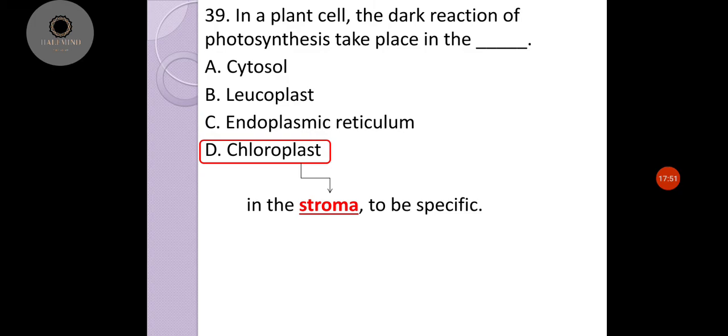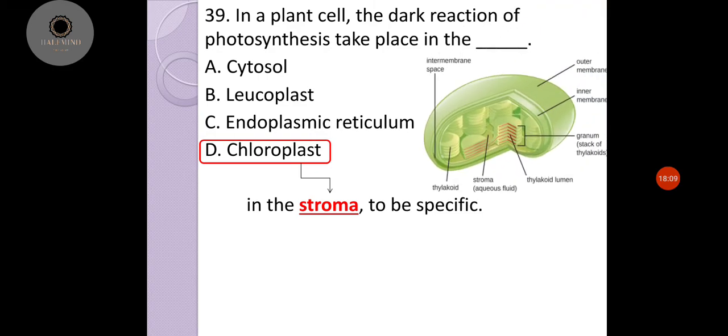And the dark reaction of photosynthesis happens in the stroma of the chloroplast. That is the specific location in which the dark reaction happens, while the light reactions happen in the thylakoid membranes. Okay, we have here the thylakoid. The stack of thylakoids is called the granum, or grana when there are many. And then the stroma, this is the stroma, it is where the dark reaction of photosynthesis takes place.